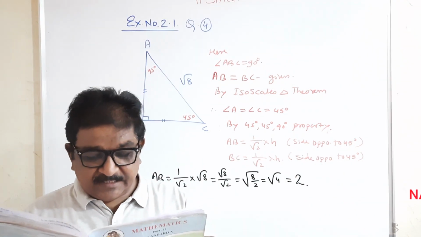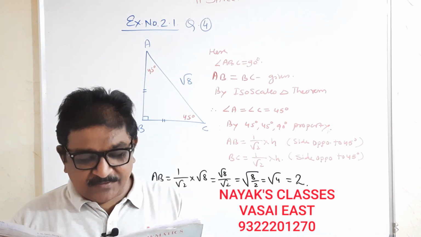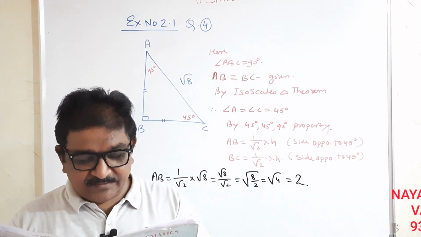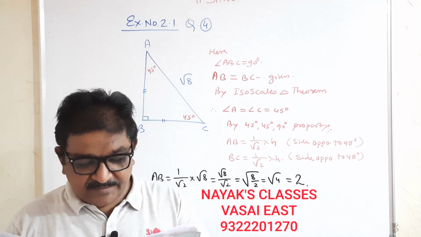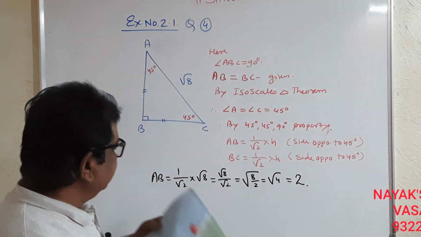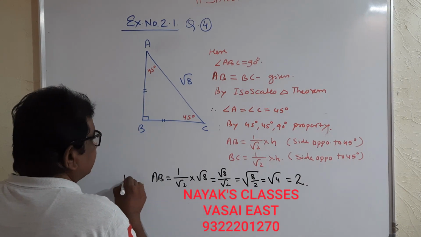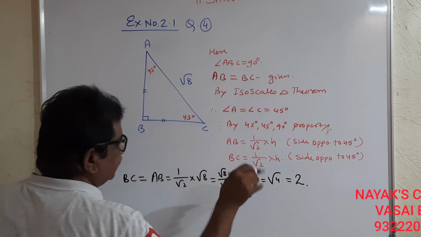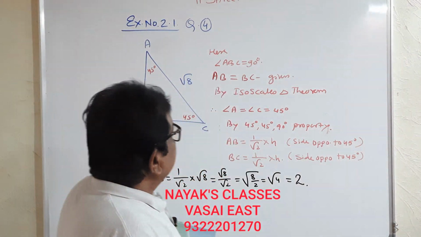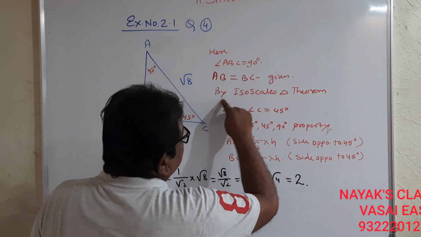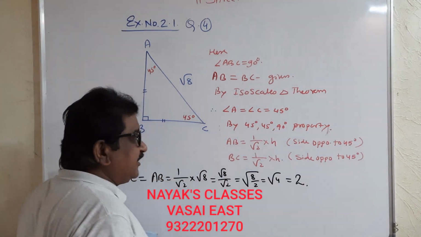Now ABBC were done in combination; anyway, we are doing them separately. You can write here BC equal to AB equal to 2. Clear? Two properties are important: one is the isosceles theorem, the other is the 45, 45, 90 degrees property.